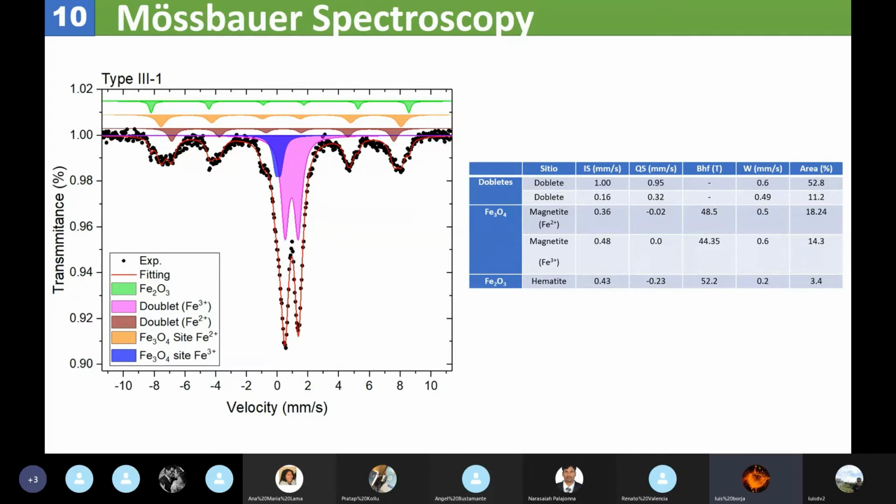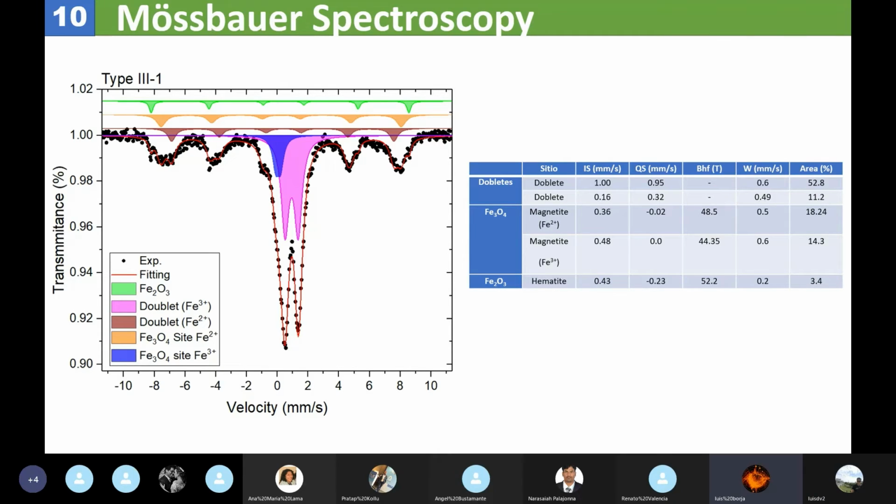These two curves depend on the oxidation state of the iron. The iron 2+ is the one with the smaller sextet, in the wine color, and the orange is the iron with oxidation state 3+.